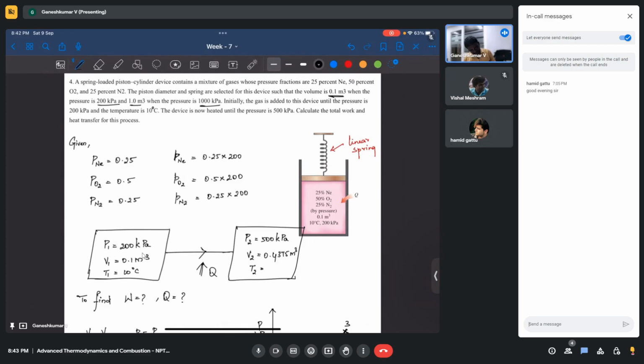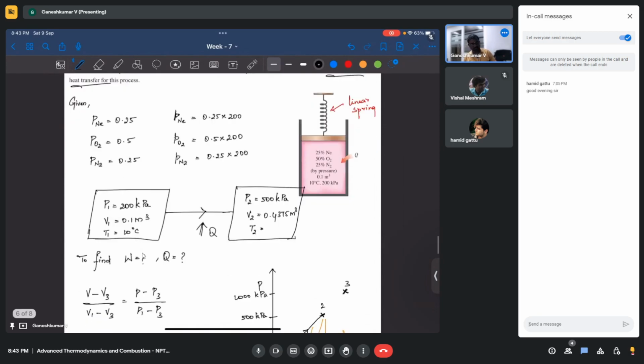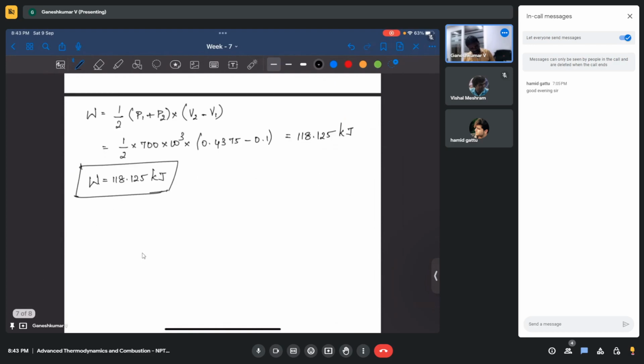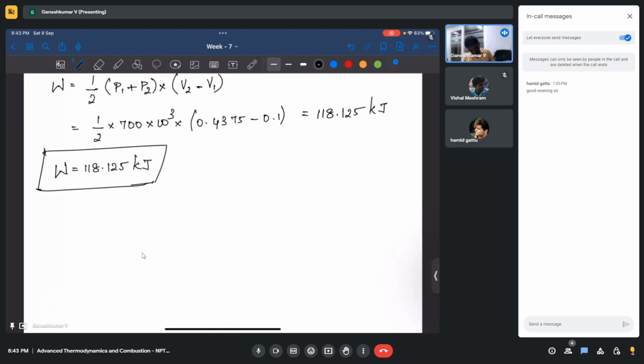We need to find now the heat transfer. Calculate the total work done. We need to find heat transfer during this process. If you want to find heat transfer, we have to use the first law.